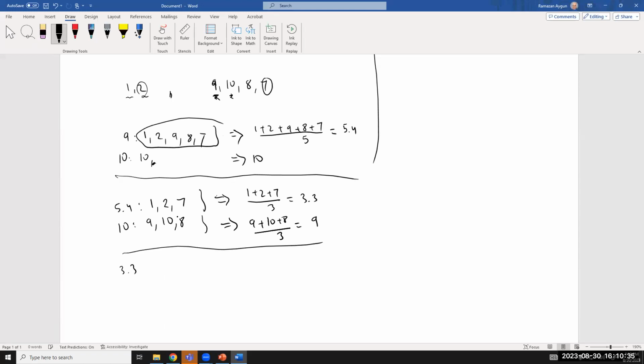So 3.3 and 9 are my new centers. Is 1 closer to 3.3? Yes. 2? Yes. Where is 9? 9. 10 will go to 9. 8 will go to 9. 7.